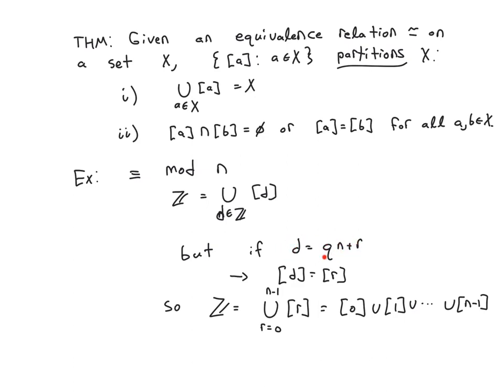Well, since qn is a multiple of n, d and r are congruent mod n, which means they have the same equivalence class. And so this actually tells you that most of these equivalence classes are actually the same. So the distinct equivalence classes are 0, 1, up to n minus 1, the distinct remainders. And so actually you get a finite union.